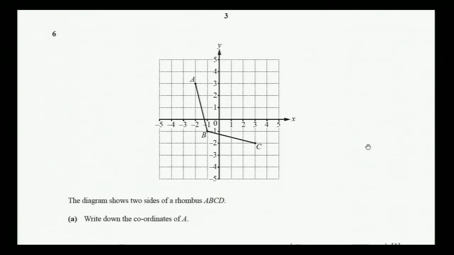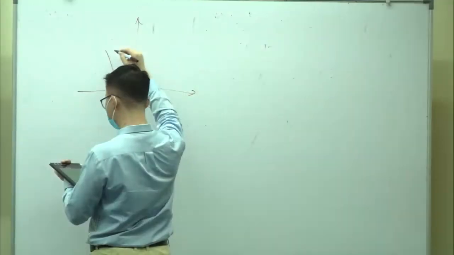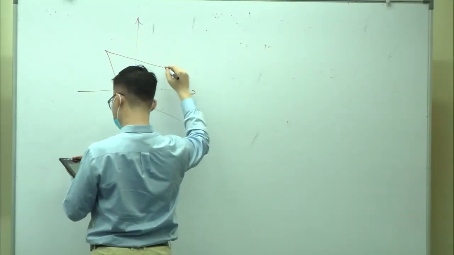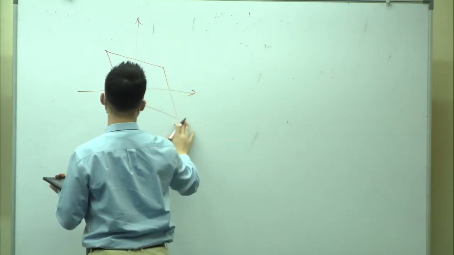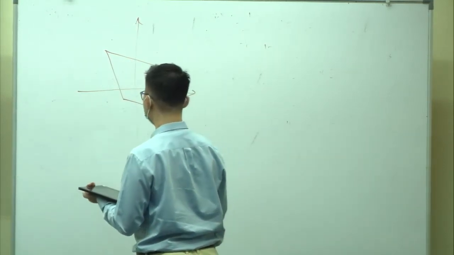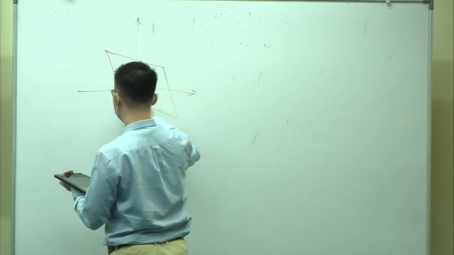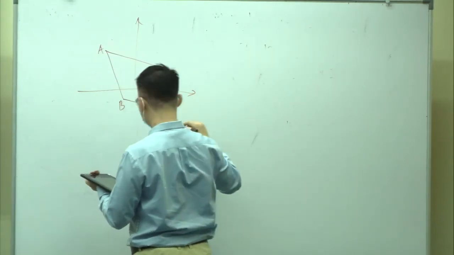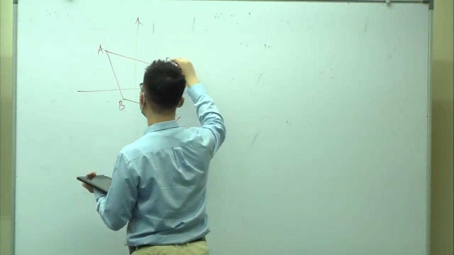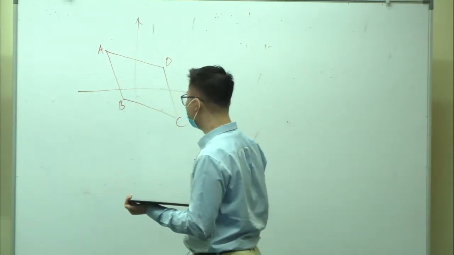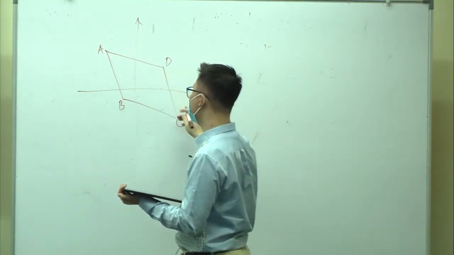Let me show on the whiteboard. This is B. This is A. So this is the rhombus, right? You can measure the same distance at this BC and the same distance at this AB.